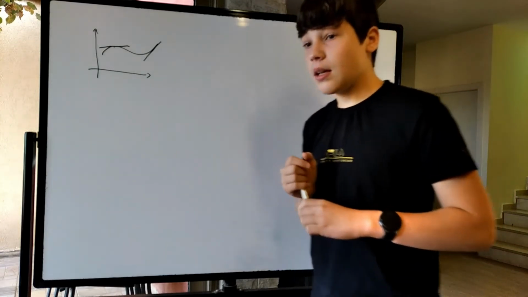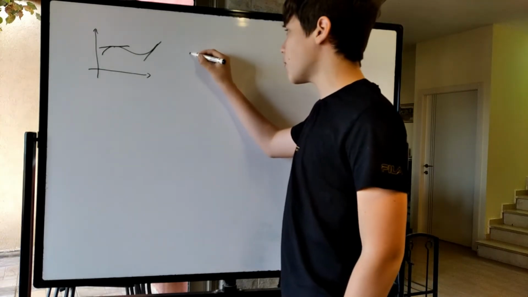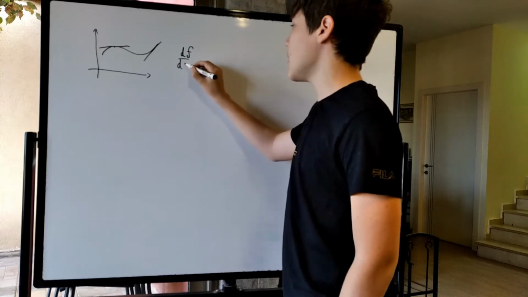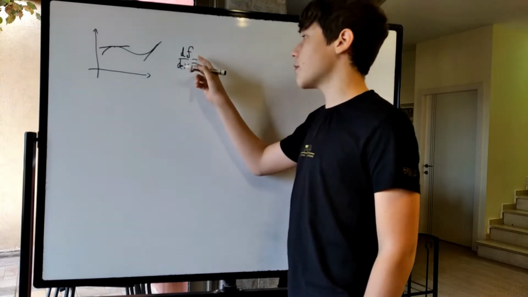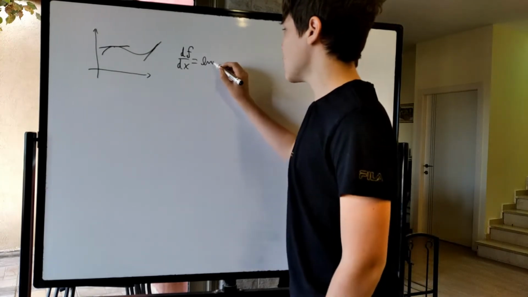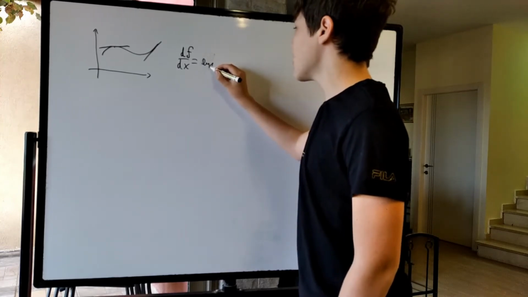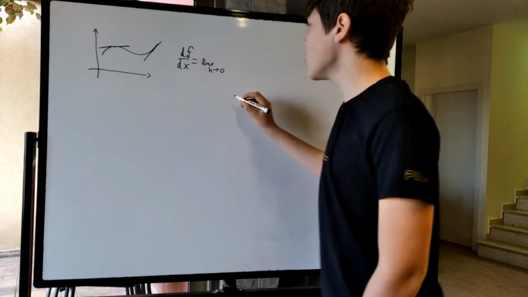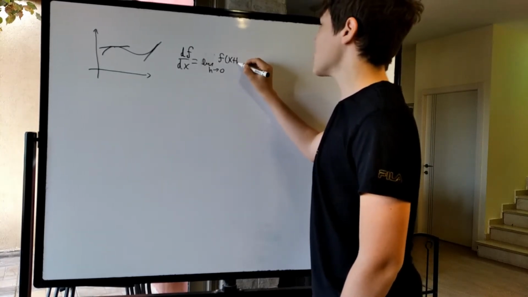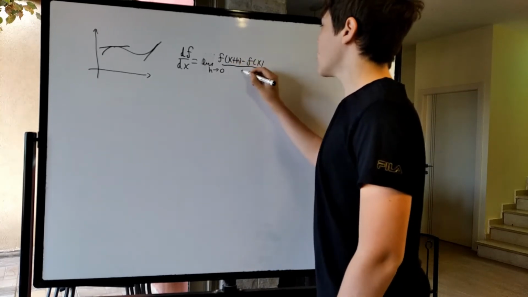And there is also an actual rigorous formula for it. So df over dx, which is the derivative of f with respect to x, is the limit as h goes to 0 of f of x plus h minus f of x over h.